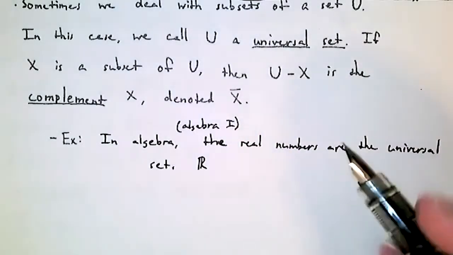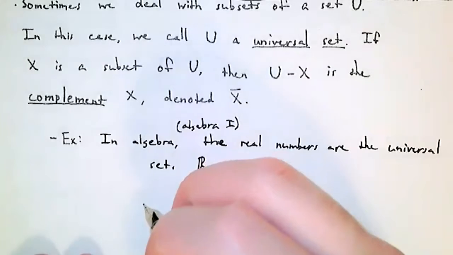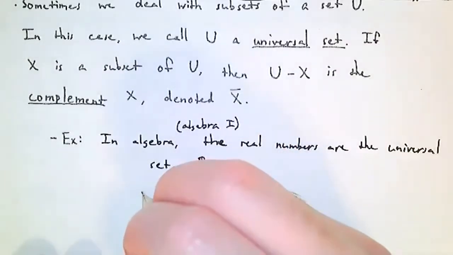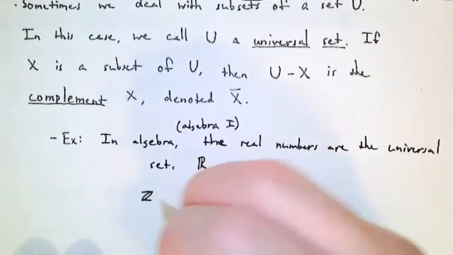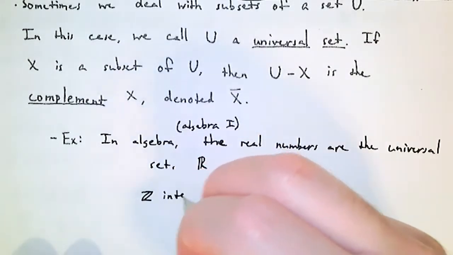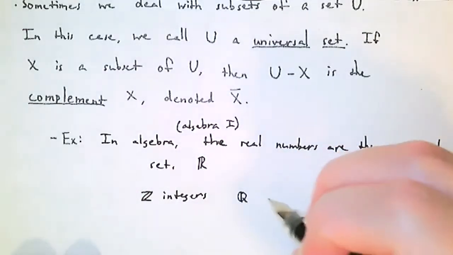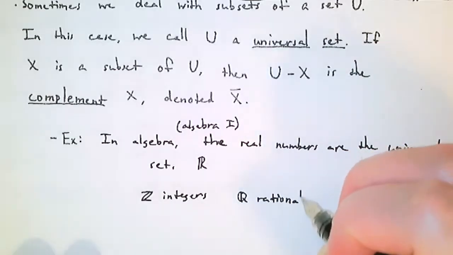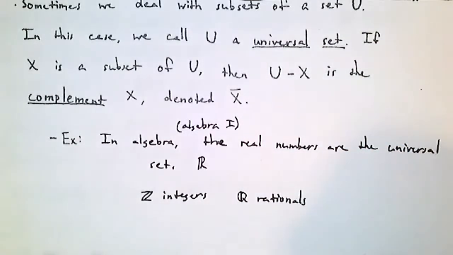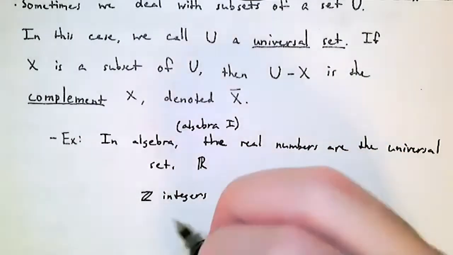Okay, so what are some examples? Like the integers, the rationals, even going to geometry.